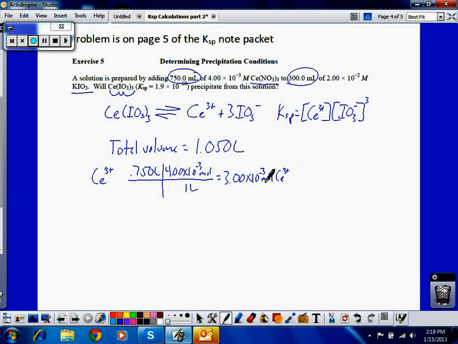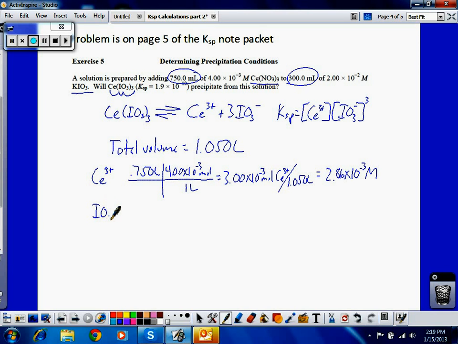Now this number of moles is now in 1.05 liters, so the new concentration is 2.86 times 10 to the negative third molar. That's for cerium.